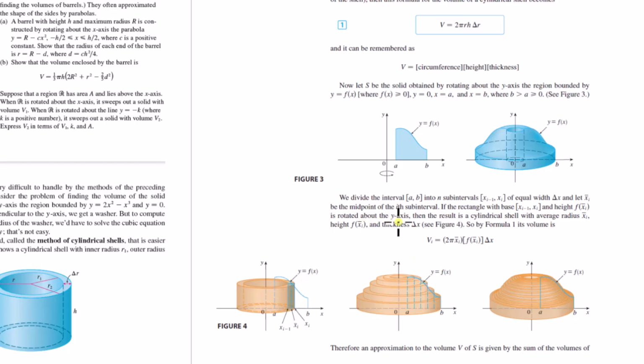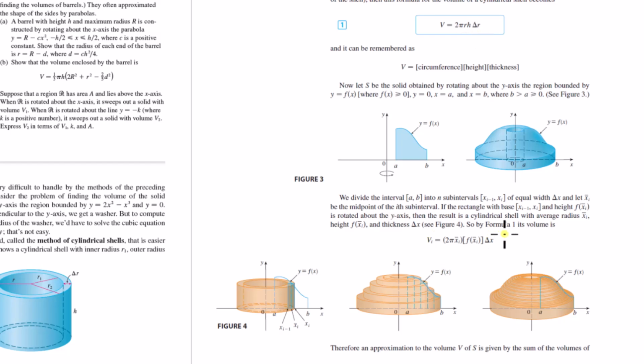If you rotate that rectangle about the y-axis, the result is a cylindrical shell with average radius x bar i, height f of x bar i, and thickness delta x. You see? The average radius r is x bar i, the height is the function evaluated at x bar i, and delta r is delta x.